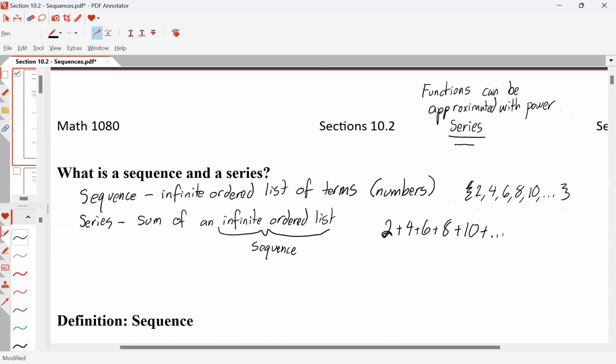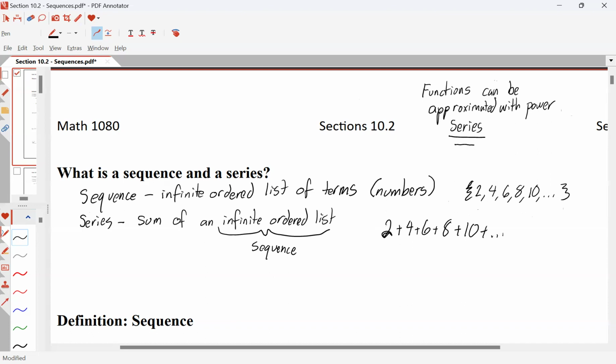And we will continue with this idea of convergence and divergence, where converging for a series is going to mean I can add up all these numbers and get to a singular value. And divergence meaning I can't add them all up and get to a singular value.